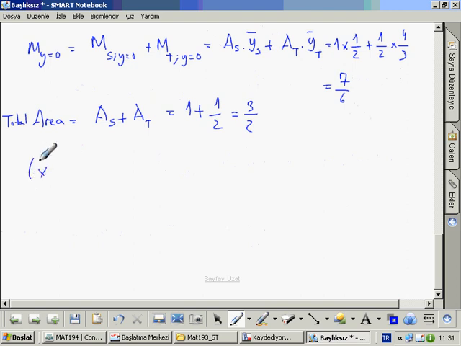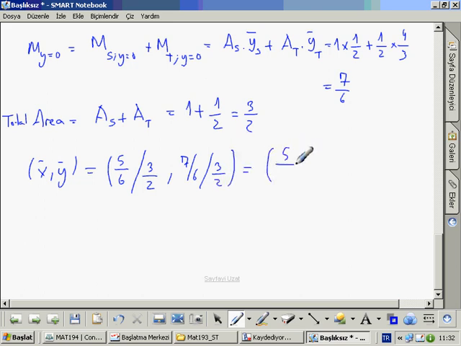So x bar, y bar equals (5 over 6) over (3 over 2), (7 over 6) over (3 over 2), so totally (5 over 9, 7 over 9).